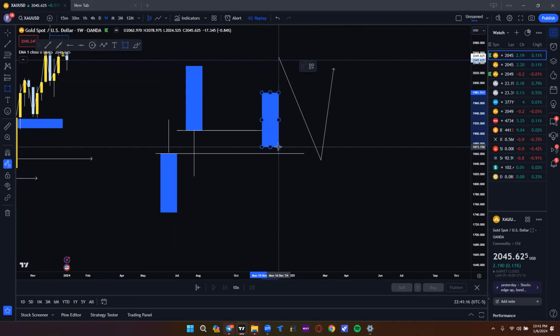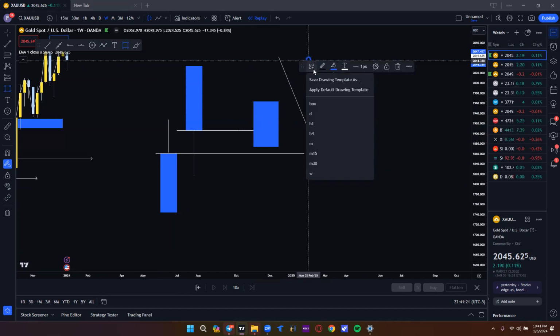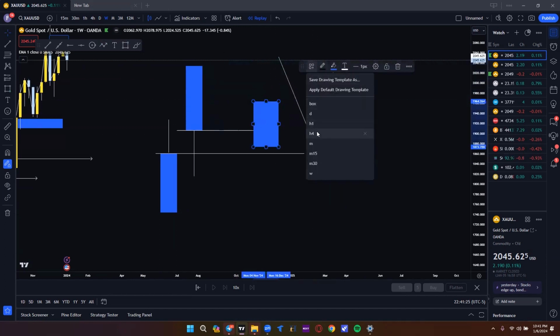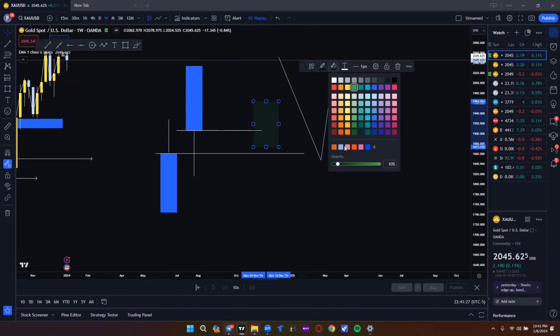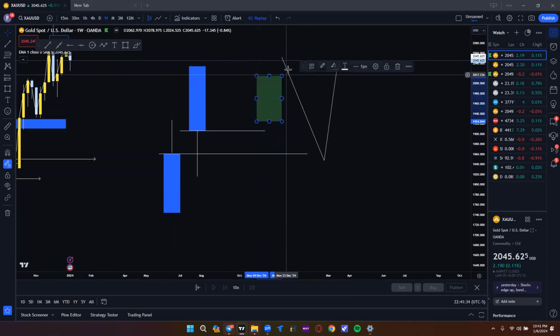We have to discern. Okay, we have to respect that. This is a bearish candle.